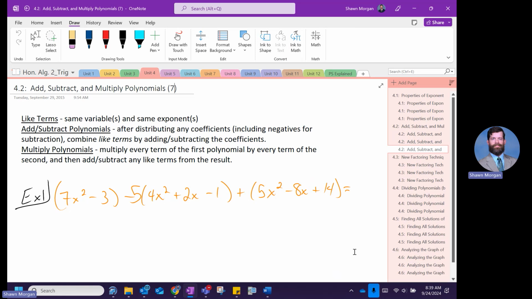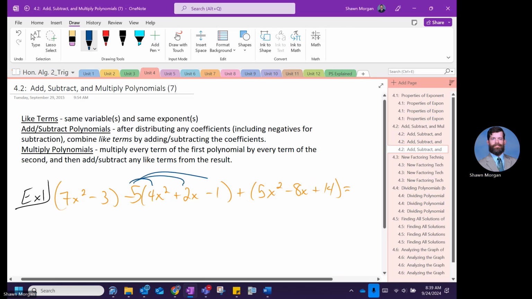Noah, what property would probably get the ball rolling for us here on this example? Yeah, very good. Our distributive property. I'm going to dump that -5 into that middle parentheses right there. Alex, you good? If I multiply that out, Patrick, you want to do that for us?